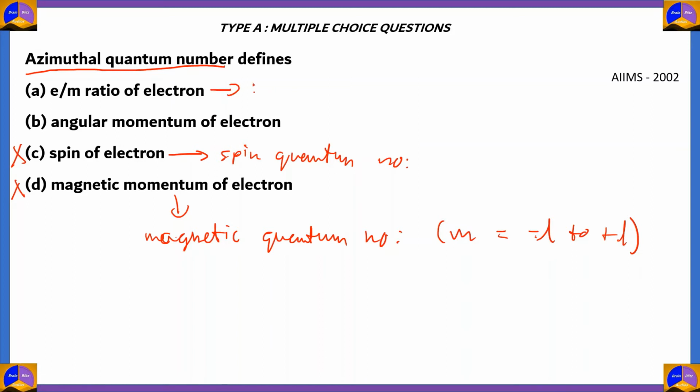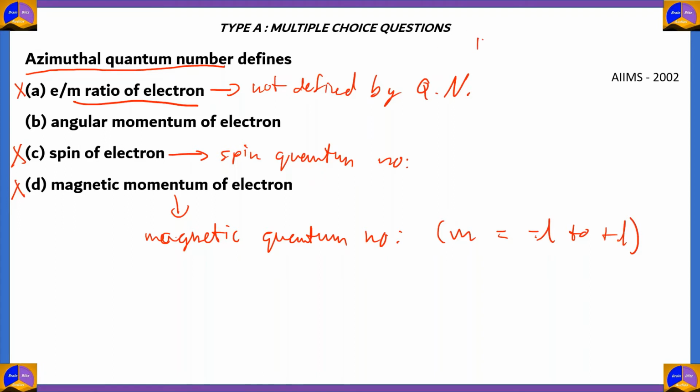This quantity is not defined by quantum numbers. This quantity, E/m ratio, was used by J.J. Thomson in order to discover the electron. Option A is incorrect.